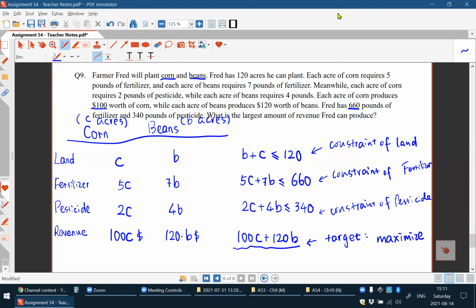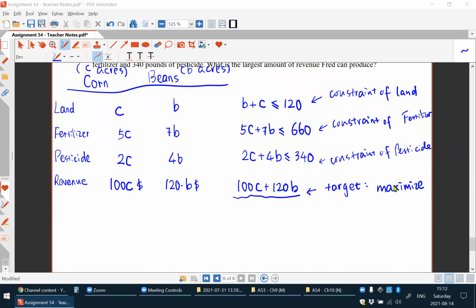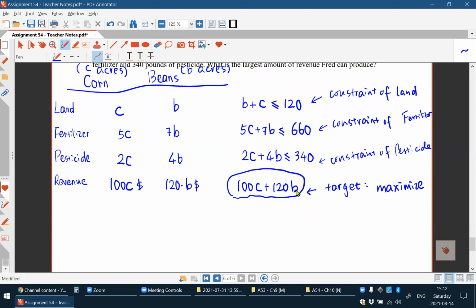Okay, let's continue. So the target is to maximize our revenue, that is, to maximize this expression, right?